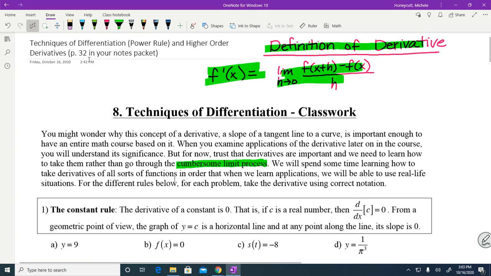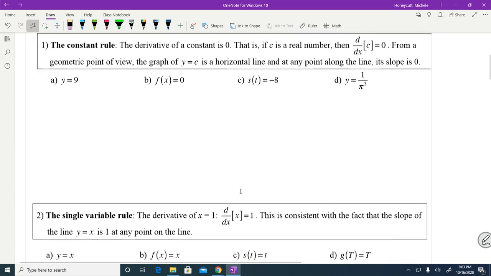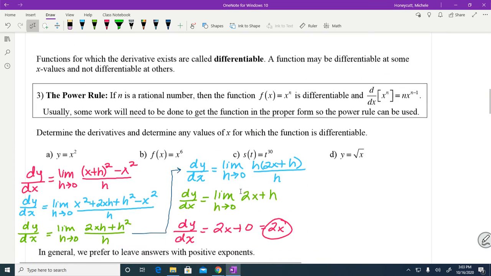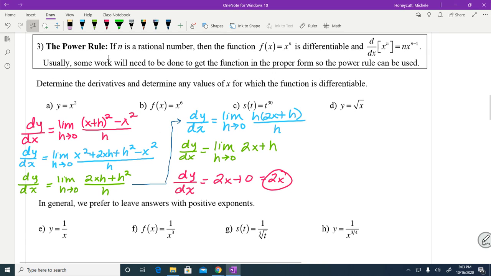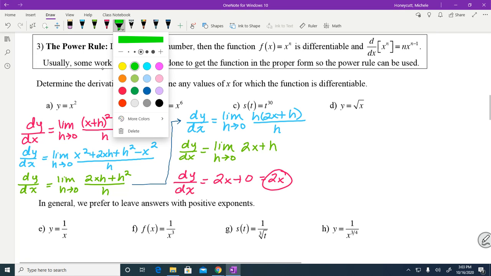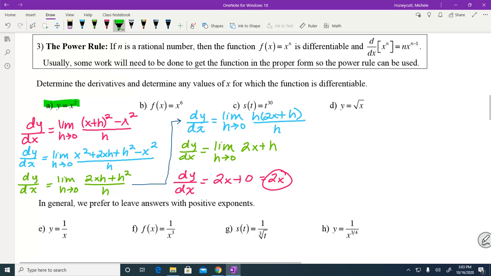We're on page 32 in your notes packet. We'll come back and do example 1 first, but I think the best example is a little bit further down. We'll talk about the power rule in just a second, but first I want to look at the function y equals x squared and the work it takes to calculate the derivative using the definition of derivative and the limit process.